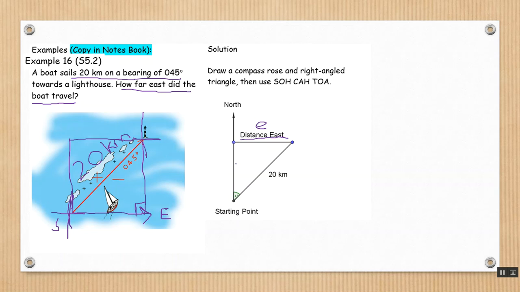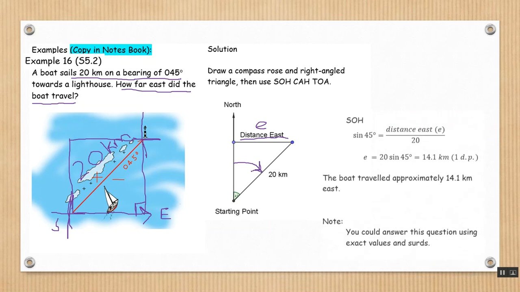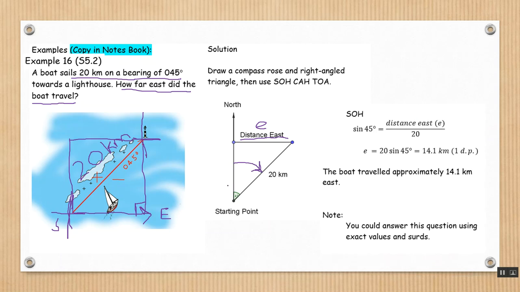And because the bearing is 045, it means it goes around 45 degrees this way. So sine 45 is the opposite over hypotenuse. And we multiply both sides by 20. So E is 20 sine 45, which is 14.1 kilometers.